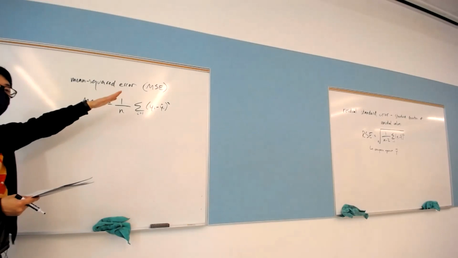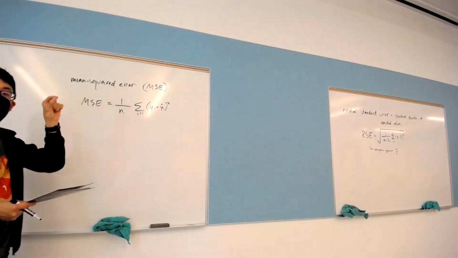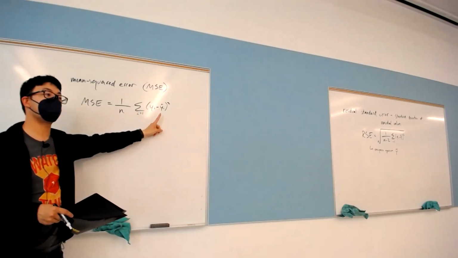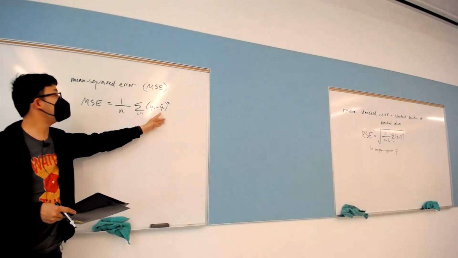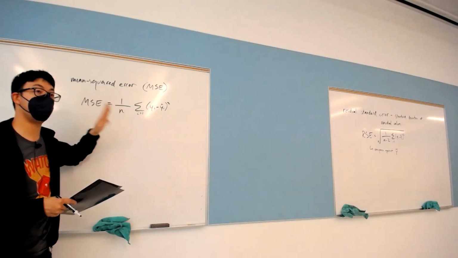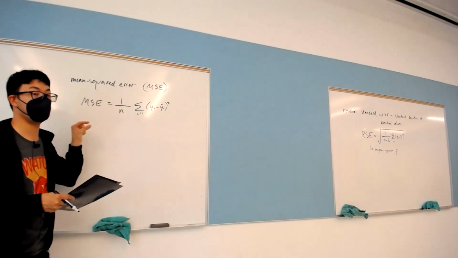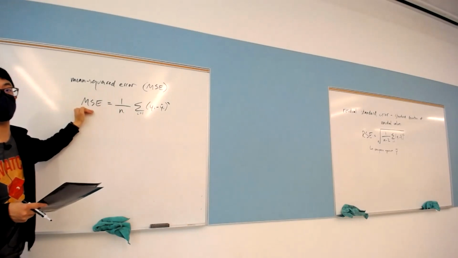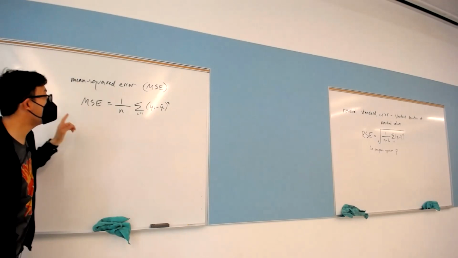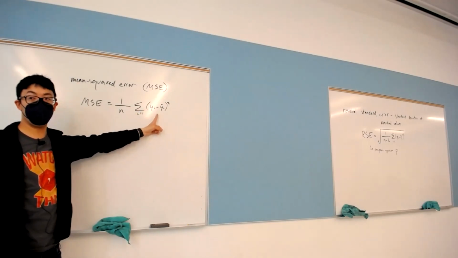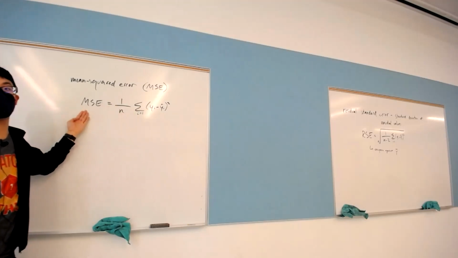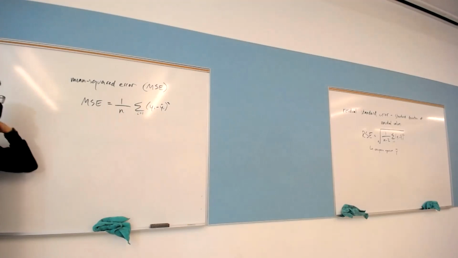If I have a line that goes through a bunch of points, and all of those points are really close to my line, this number is smaller, right? And the average of all of those little distances between my observed values and my estimated values is really small. And so I have a small mean squared error. And if my line goes through a bunch of points and the points are really far from the line, this value becomes really big, and the average of all of those values will be large. And so this mean squared error will be relatively large.